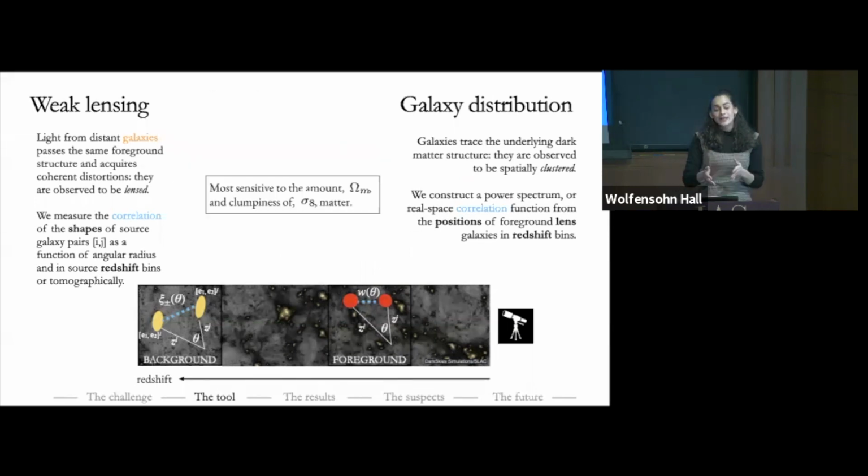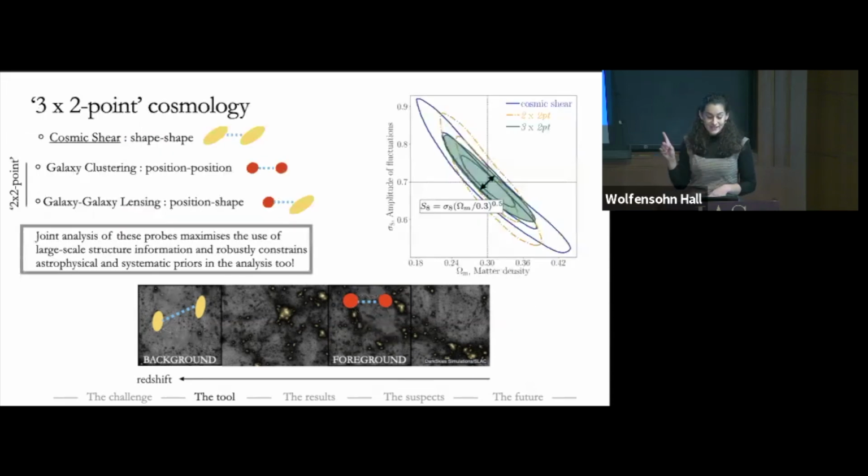And we can directly relate these signals to lambda CDM, to our cosmological model, and lensing is particularly sensitive to omega matter, the amount of matter, and sigma 8, or the clumpiness of that matter. As you can see on the right here, it's most sensitive to a combination of these two parameters, the S8 parameter, which is a combination of omega matter and sigma 8.